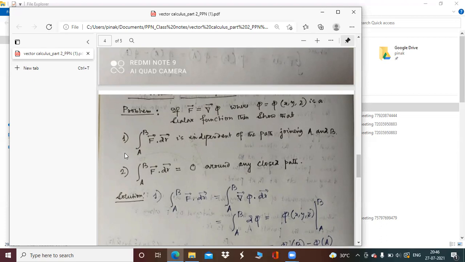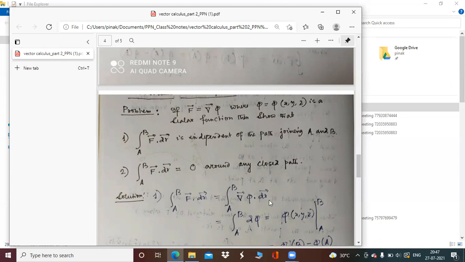Now the solution of number one. Here it is written as integration a to b f bar dot dr bar. Now you see f bar is given by grad of phi in the question. So if you replace f bar by grad of phi, then the integration becomes integration a to b grad of phi dot dr bar.